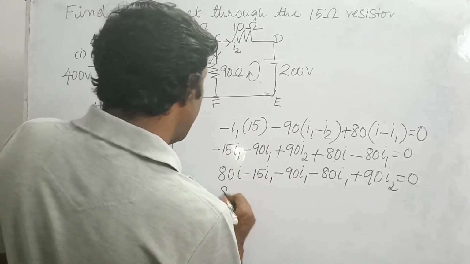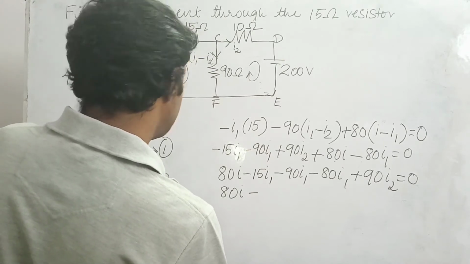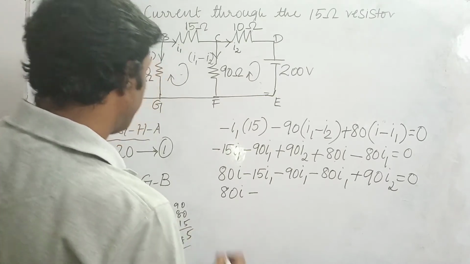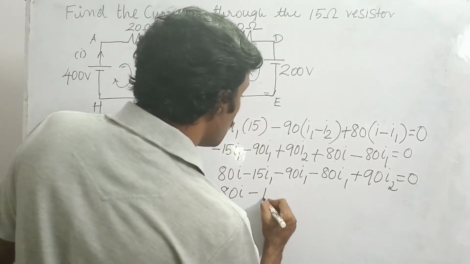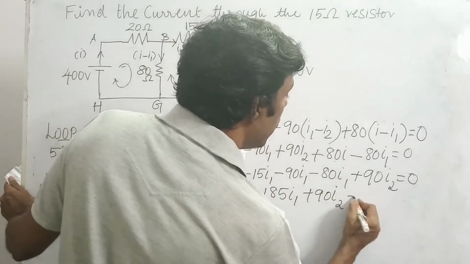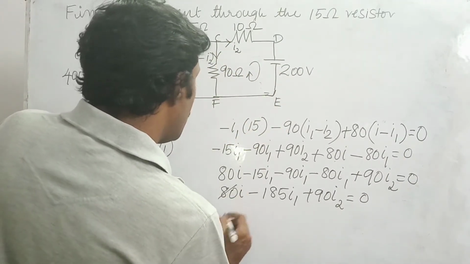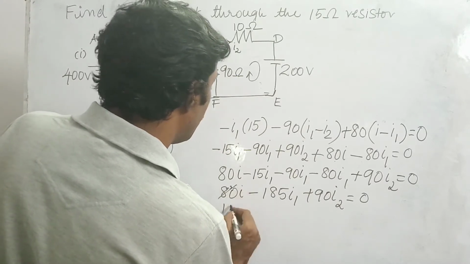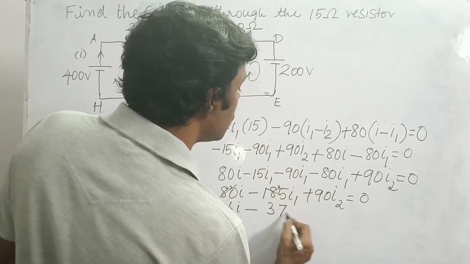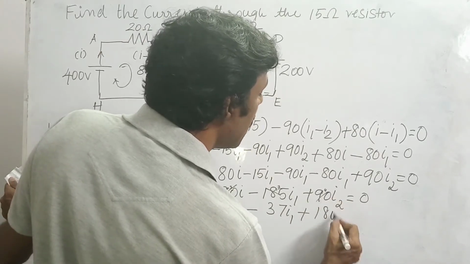So it will be 80I minus, 90 plus 80 plus 15, it will be 185I1 plus 90I2 equal to 0. So now we divide by 5: 5 16s are 80, so 16I minus, 5 37s are 185, 37I1 plus, 5 18s are 90, 18I2 equal to 0.